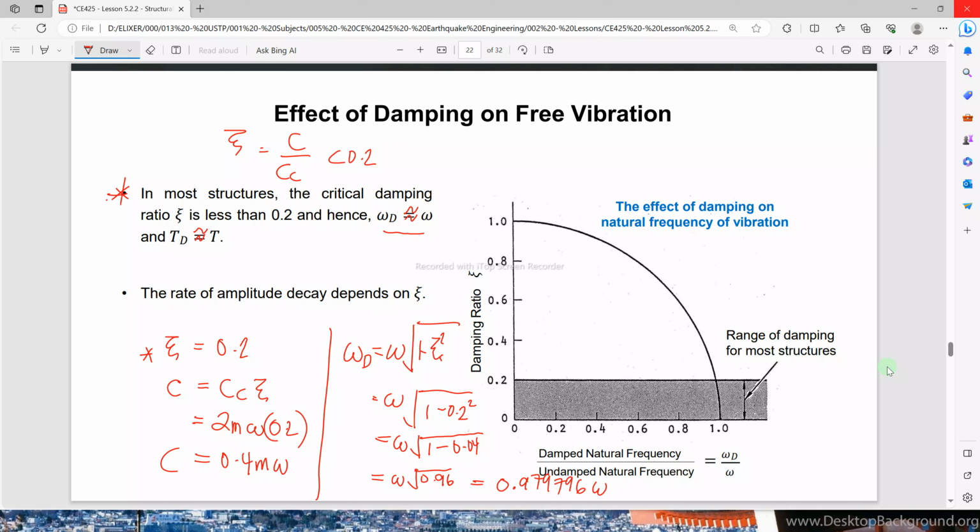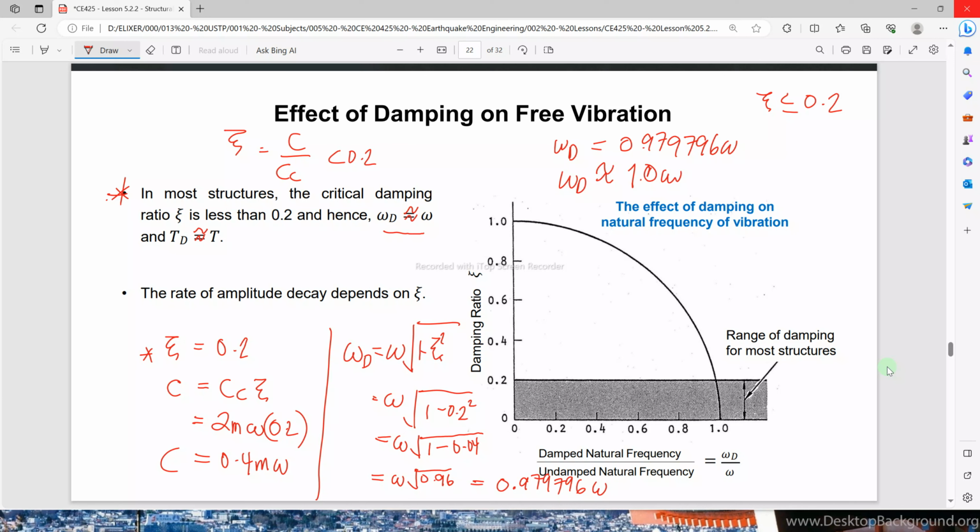So omega d is equal to 0.9797996 omega for xi equal to or less than 0.2. If you round it off, that is approximately omega d equal to 1.0 omega.